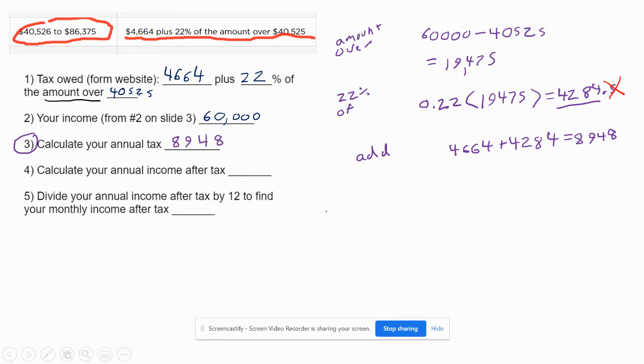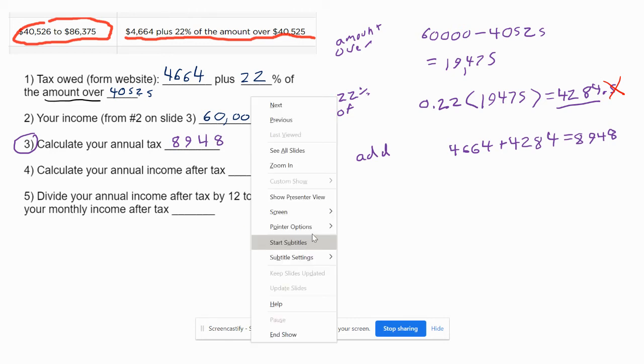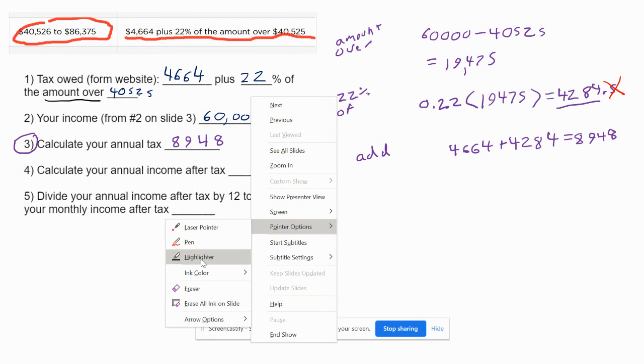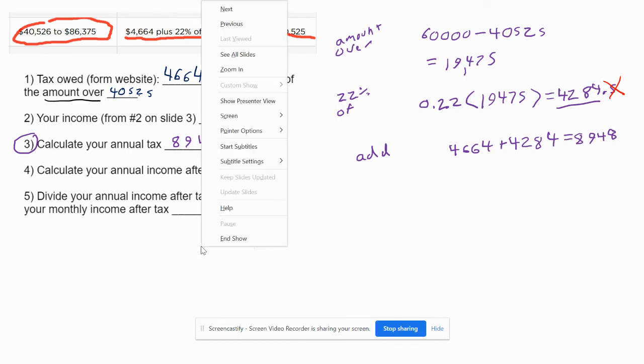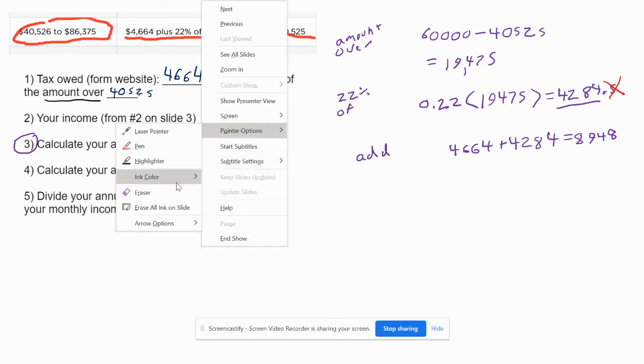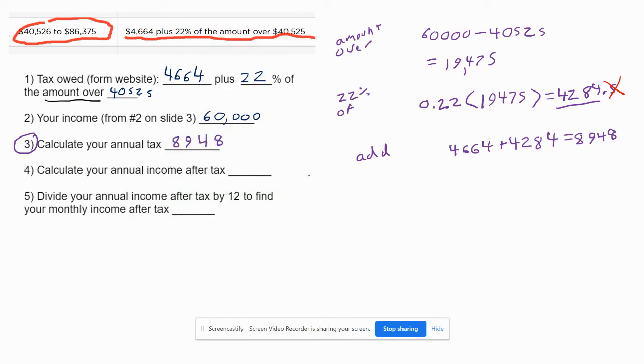Now it wants me to calculate my annual income after tax. After tax means I'm just going to take away what I had to pay in taxes and find out what's left over, how much money I'm actually bringing home in my paycheck. So I'm going to subtract my taxes from that 60,000.